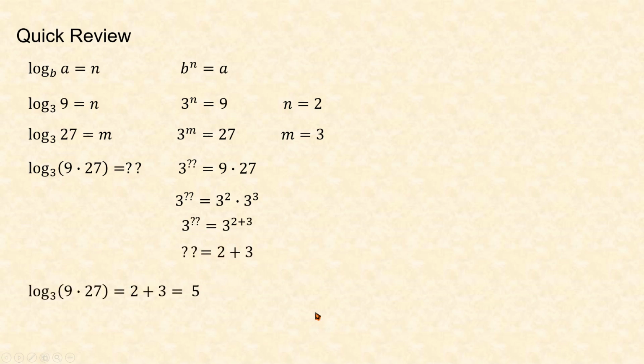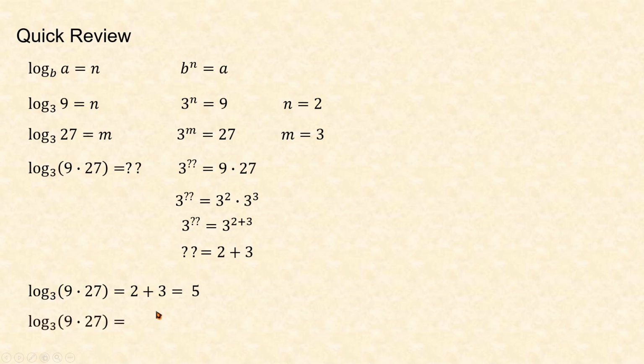So log base 3 of 9 times 27 is 2 plus 3. You want to know why it's adding. It's because log is talking about the exponents, and when you have exponents of things that are multiplied together, if they're the same base, because the base is 3, you add the exponents. So that's where the adding is coming from.